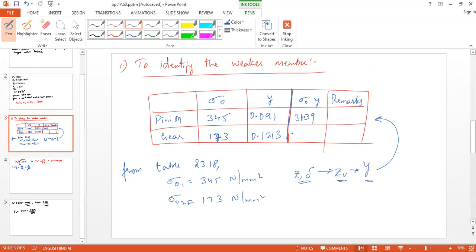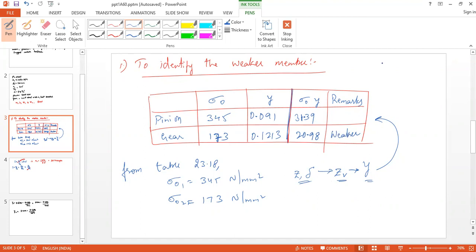And for gear, 20.98, sir. So which is the weaker member? Gear, sir. Gear is the weaker member.